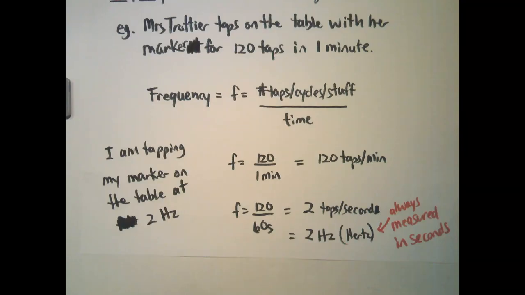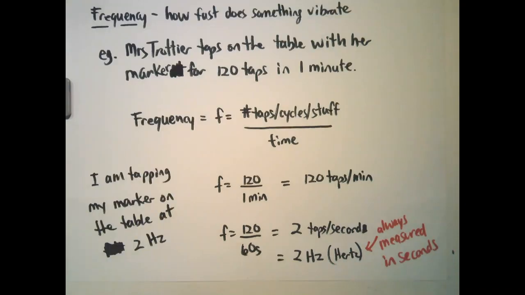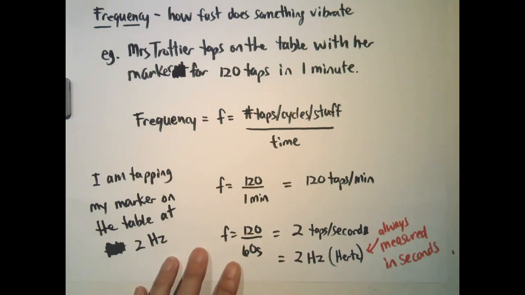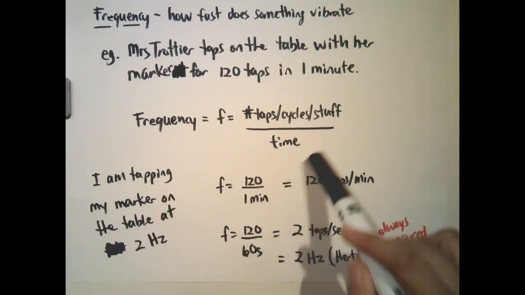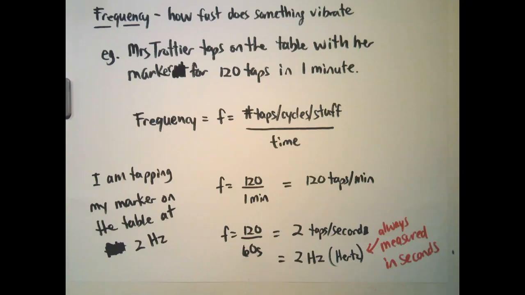Okay, so now that I have been tapping my marker on the table at 2 hertz, here's another interesting time question. Instead of how many taps there are in an amount of time, let's say in a minute, you can also ask how long between taps, or how long is each tap.